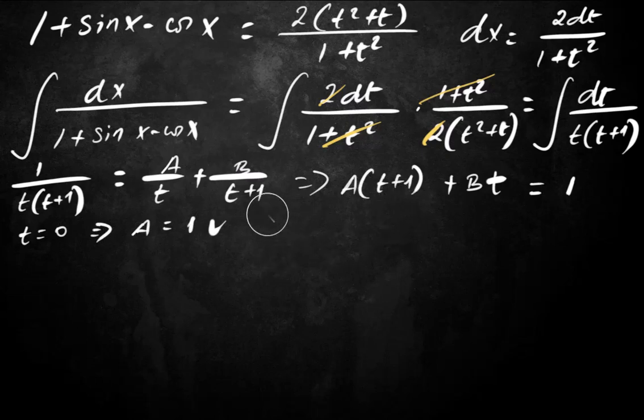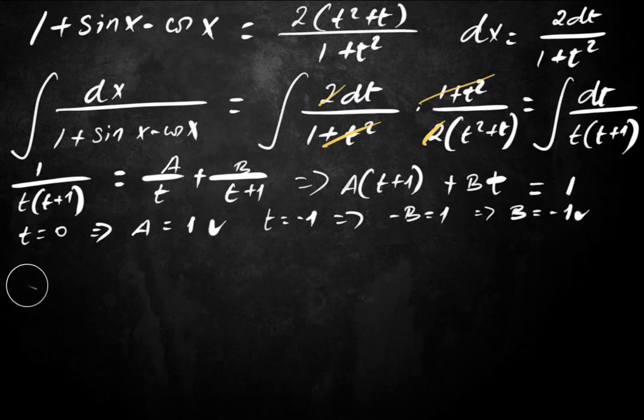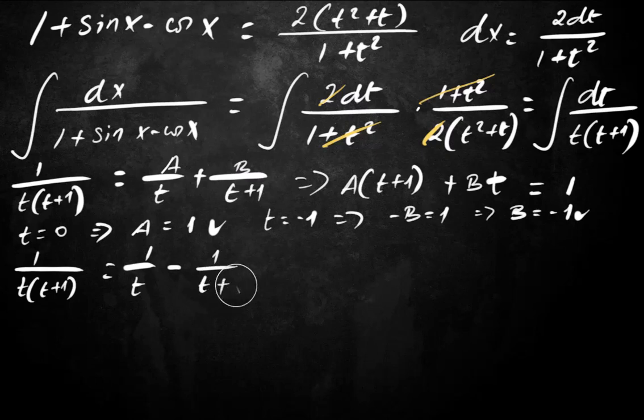And if t is equal to -1, we get b times -1, or minus b, is equal to 1, meaning that b is equal to -1. So we have both a and b. We can now say that 1 over t times t plus 1 is equal to 1 over t minus 1 over t plus 1.